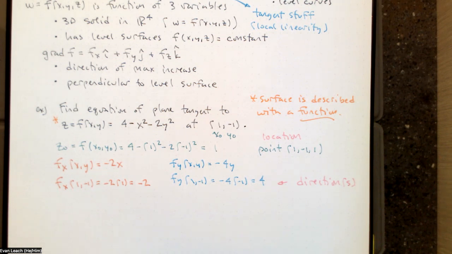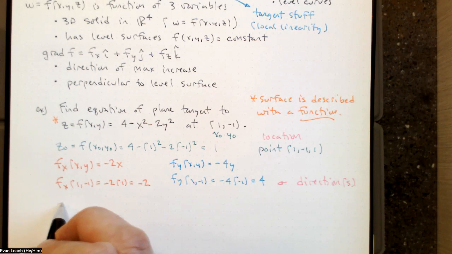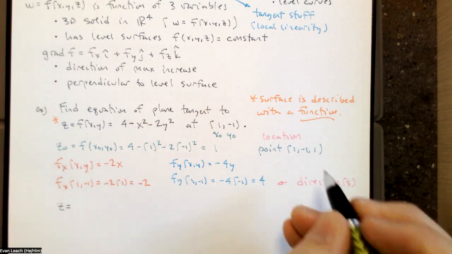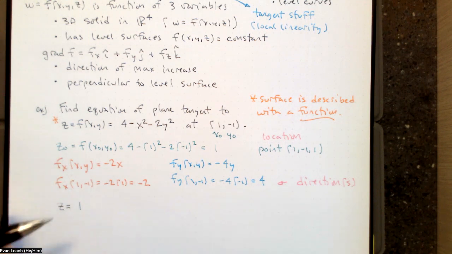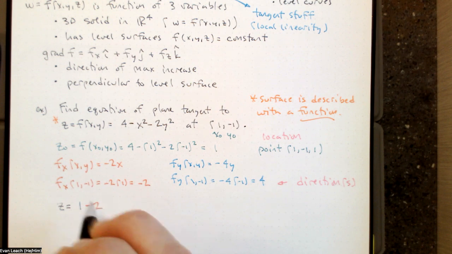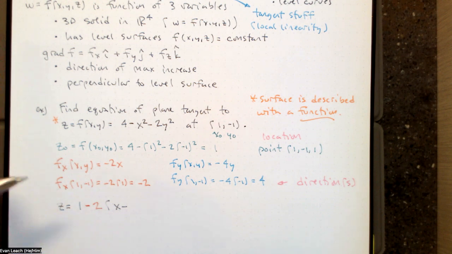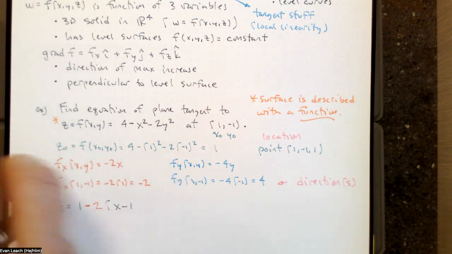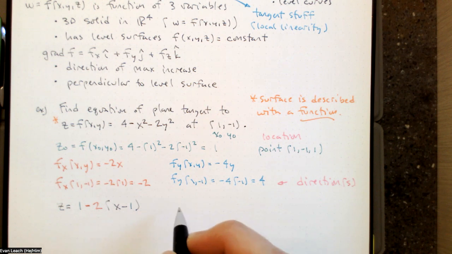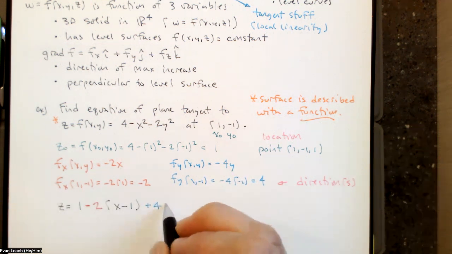And it's described with these two different slopes because we started with a function. So the tangent plane will be z is equal to z naught, so this is where we start, plus the change in x plus the change in y, or the change with respect to y, and the change with respect to x.